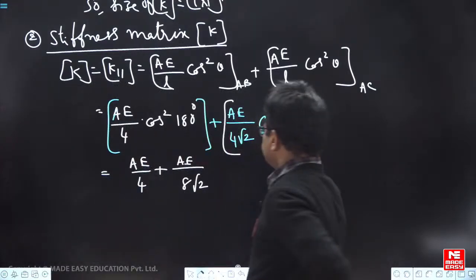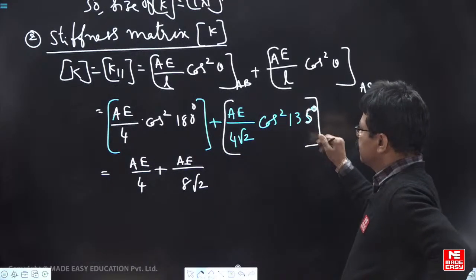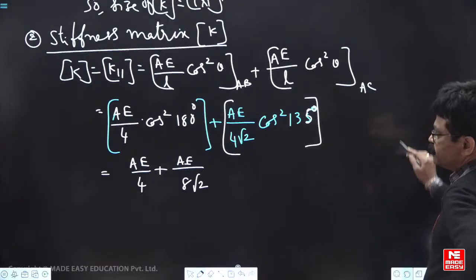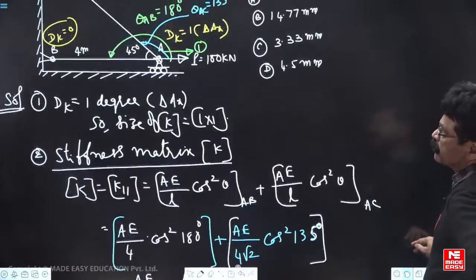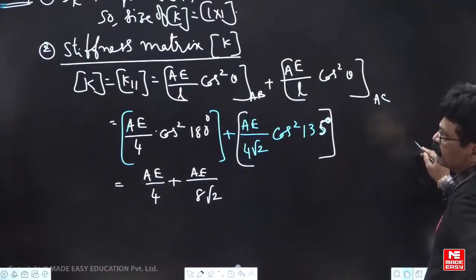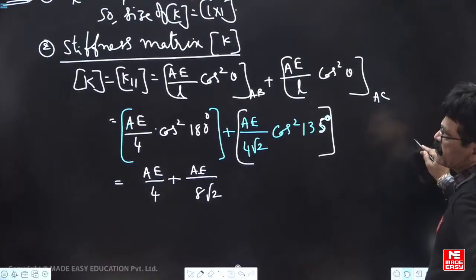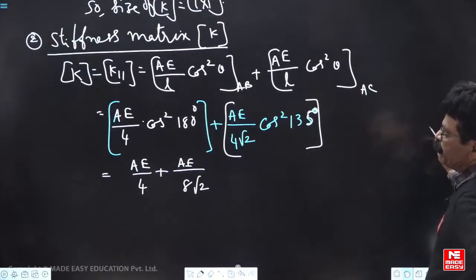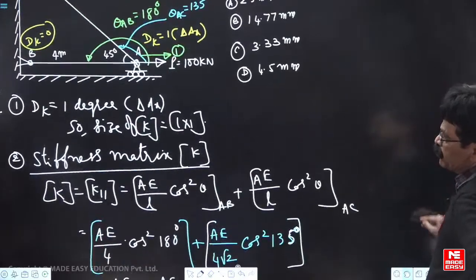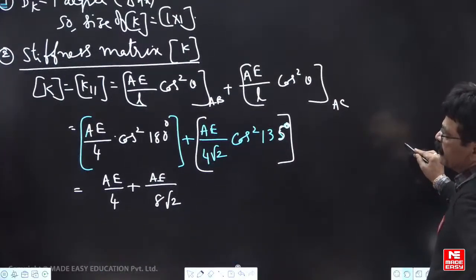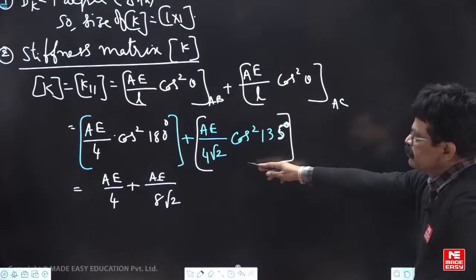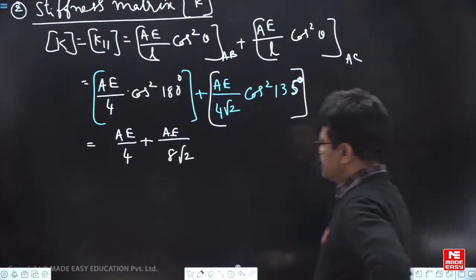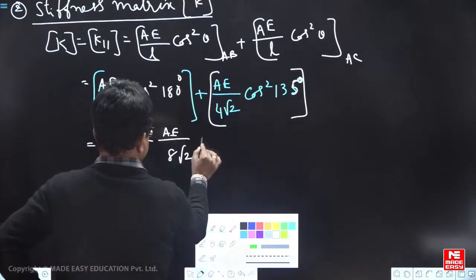Cos square 135 means 1 by root 2 square root means 8. So let us see, AB is 4 meters, cos square 180, correct, AE by 4. This length is 4 root 2 meters, cos square 135 means 1 by 2. 1 by 2 into 4 means 1 by 8. Okay, this is the value you are getting.